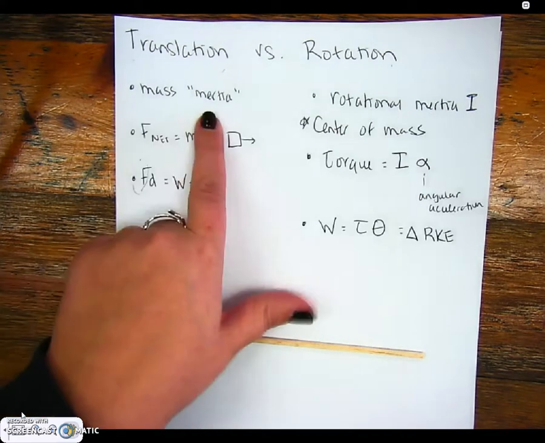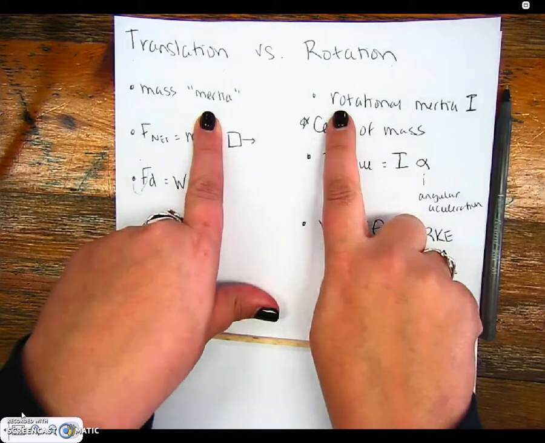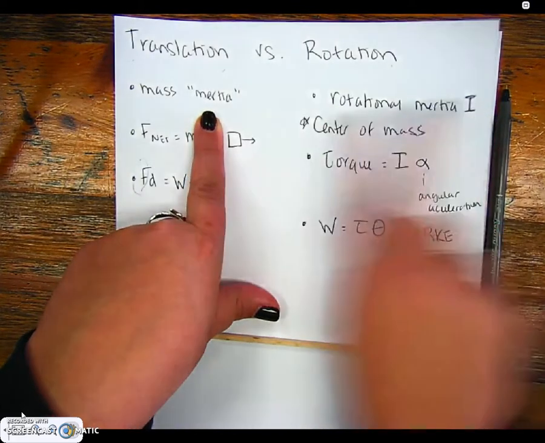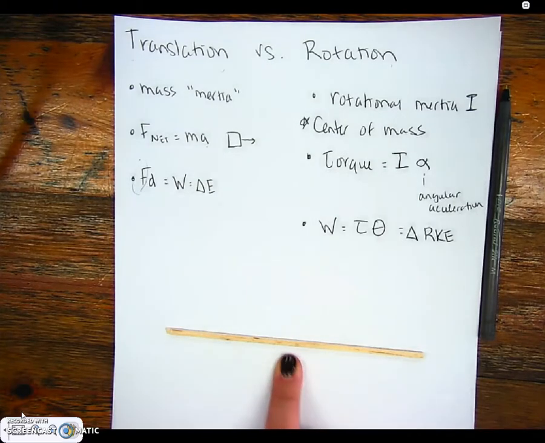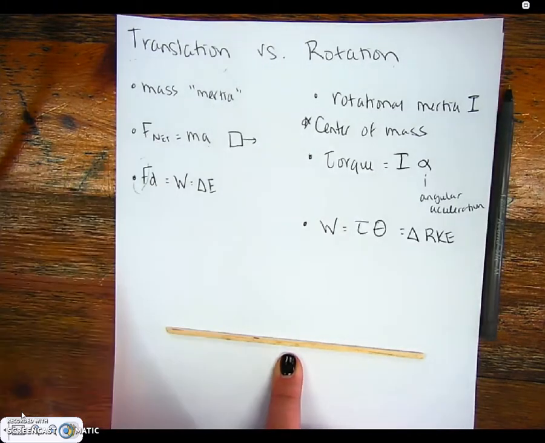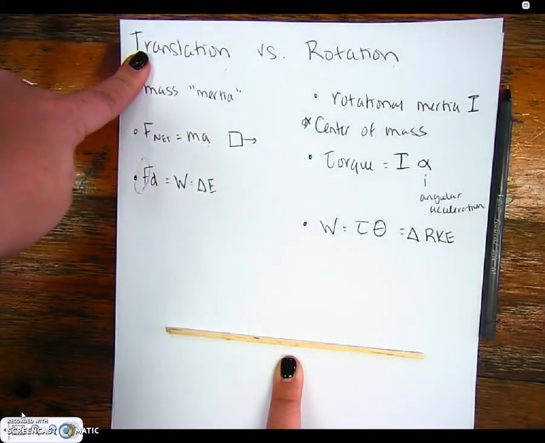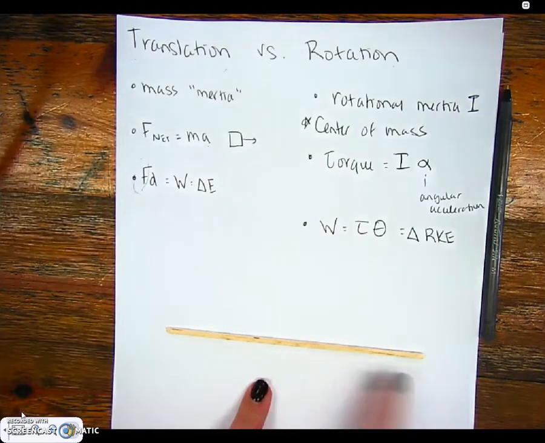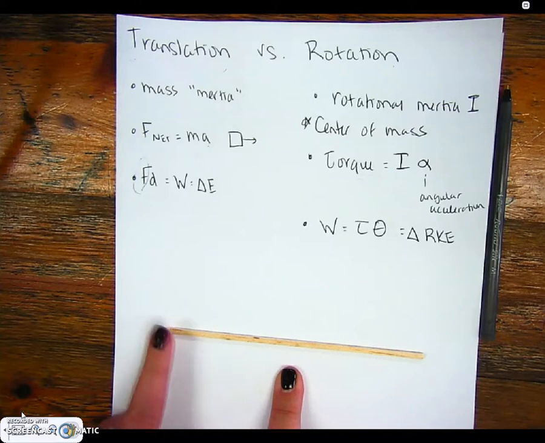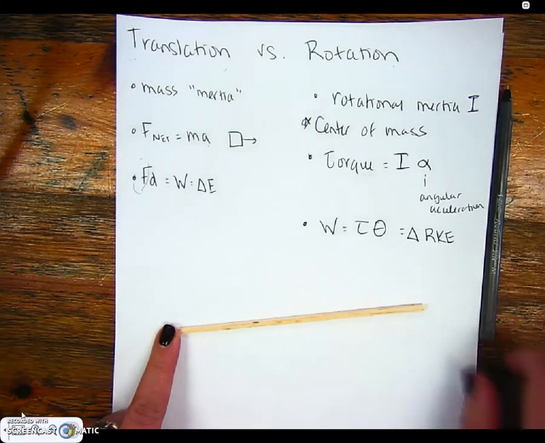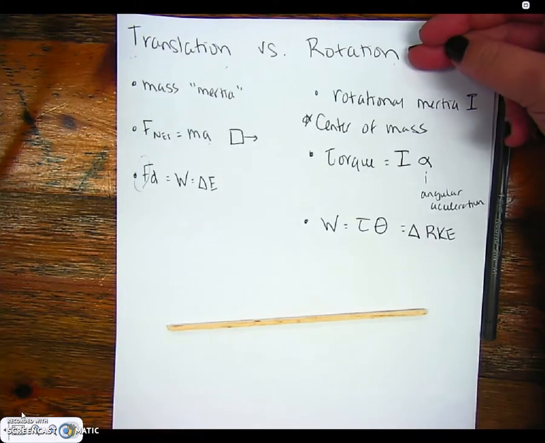So mass is inertia. When we rotate, it's your rotational inertia. The center of mass is right at the center of the object, where if we applied a force, the object would translate. But if we apply the force anywhere outside of the center of mass, or some point that is fixed, then the object will rotate.